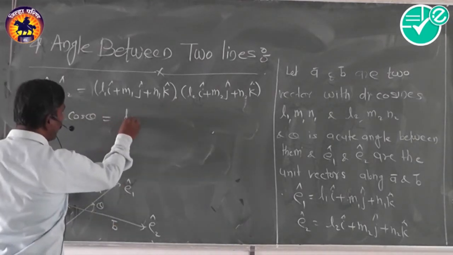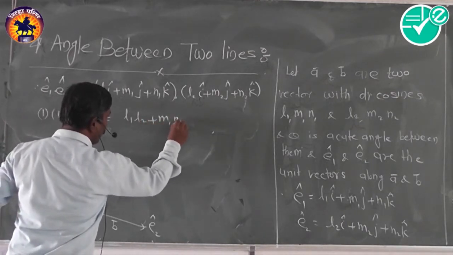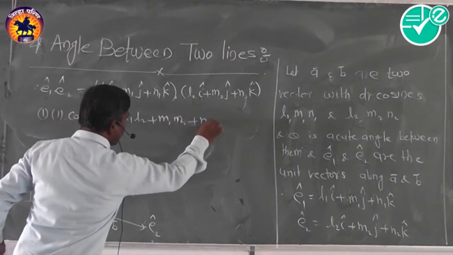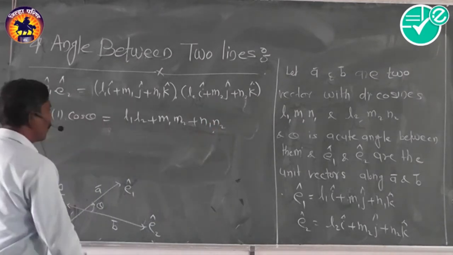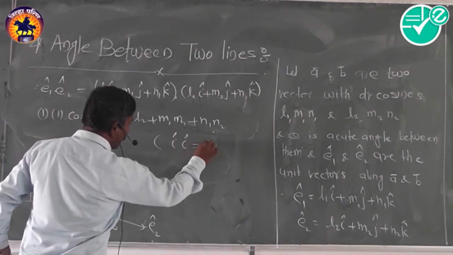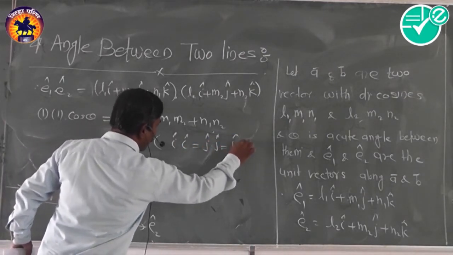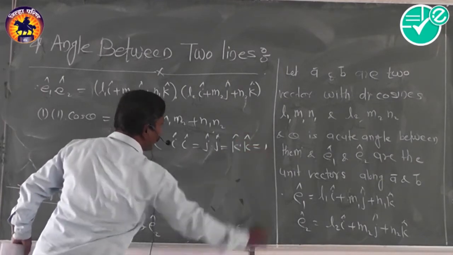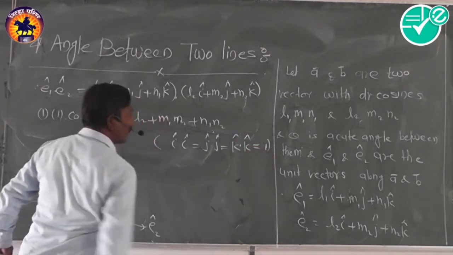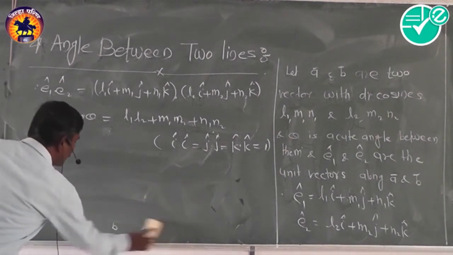Therefore L1 L2 plus M1 M2 plus N1 N2. So that is, I cap dot I cap, J cap dot J cap, K cap dot K cap is equal to 1, by the properties of the dot product.